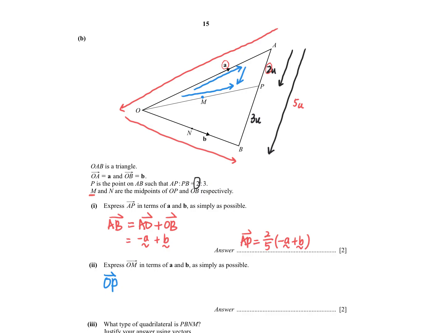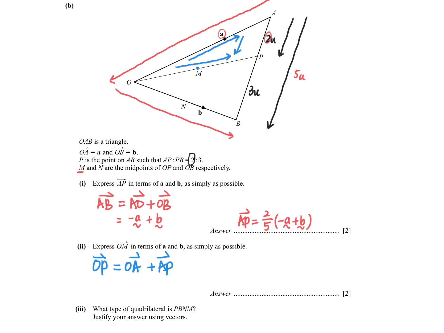Okay, OP is moving from O to A and then A to P. So remember the start and the end must be the same. OA I already know is A. AP I know from here. I just pick and plug. Okay, so I just add them together, just like algebra.